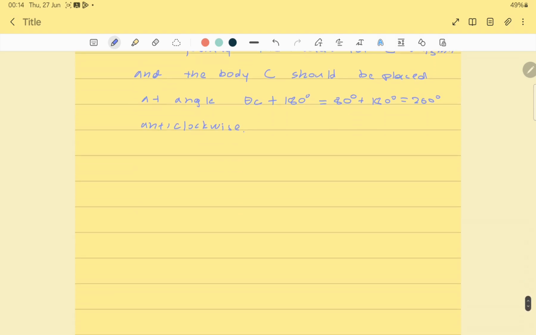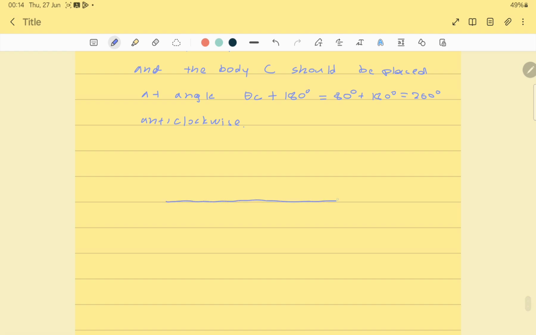So let's draw the figure below. We have here B. This is 30 degrees. This is 80 millimeters, right? Also we have A, which is 1.5 kilograms. It is 135 degrees, so this is 0, 90, 180, 270 degrees.